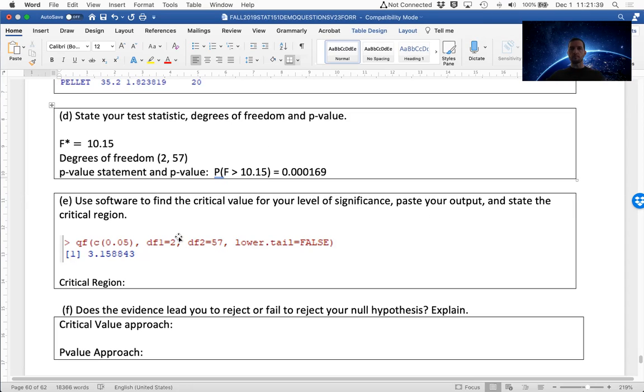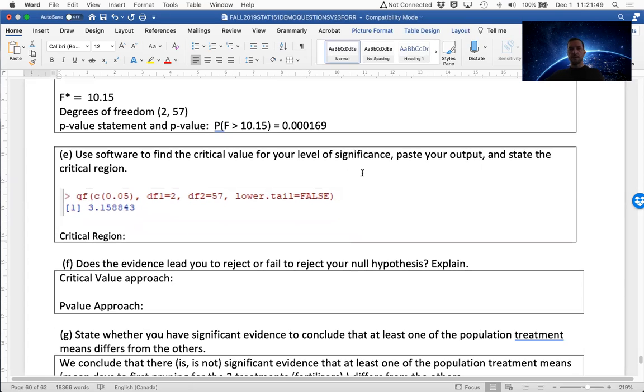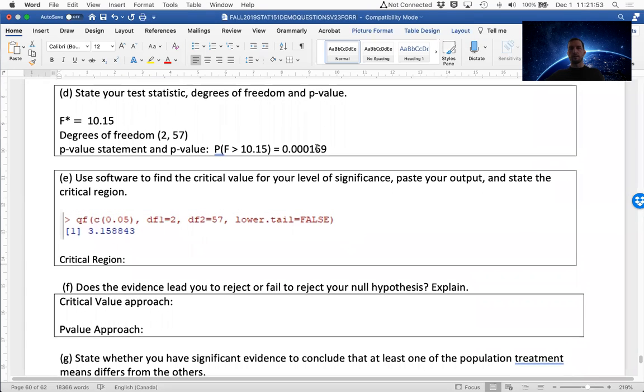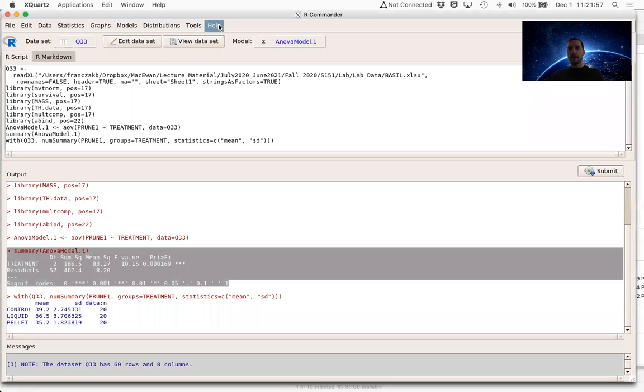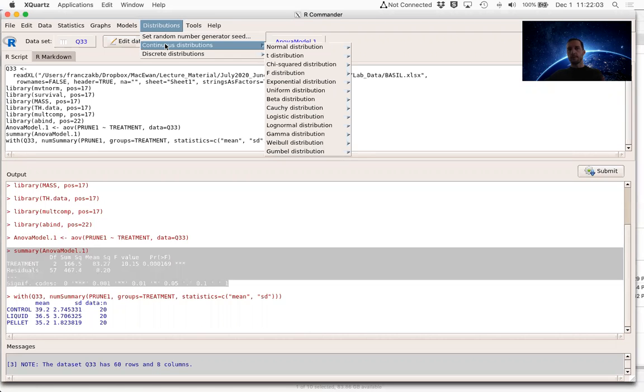Okay, so in this question, what we are actually doing is we are using R Commander to find an F value directly, and then we'll find the P value directly after that. Or just to find the F value directly because the P value is given. So in RCMDR, just like with any other distribution, if we want to find a critical value, we go distributions, continuous in this case, because we're working with the F distribution, and then F quantiles.